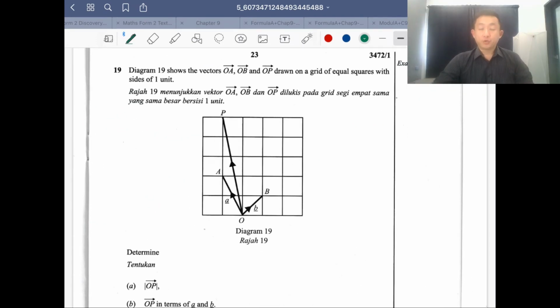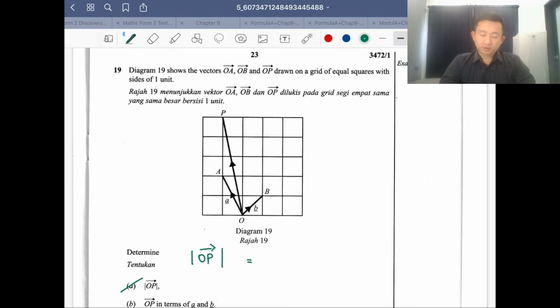Question 19, you have three vectors OA, OB, and OP. For 19A, you need to find the magnitude of OP. So you need to look at the diagram. Start from O, end with P using i and j.